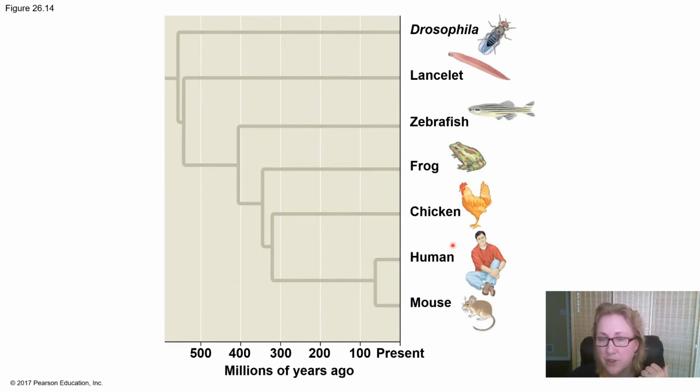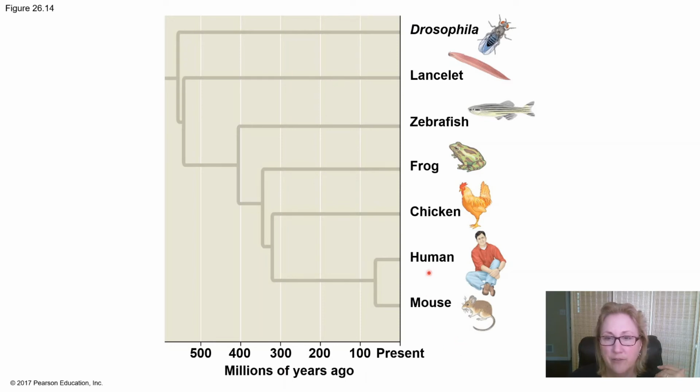Sometimes we use phylogenetic trees to show how long ago particular species diverged. In this case, the branches aren't just drawn evenly. The branch points are pinned to this x-axis down here, showing when the species diverged.